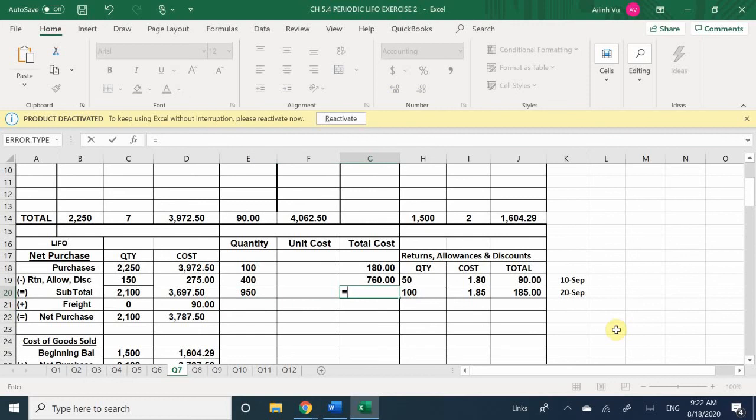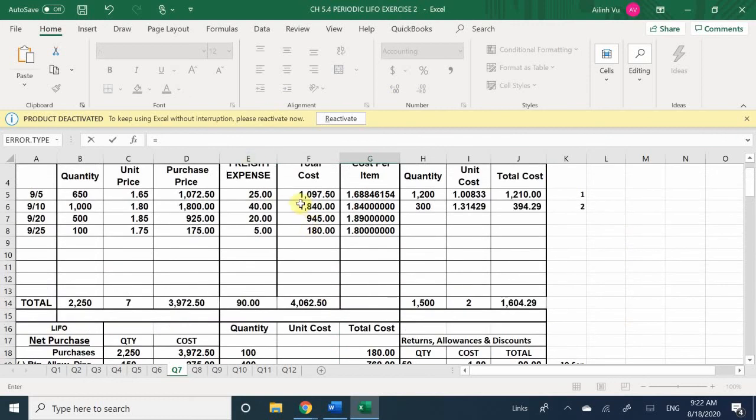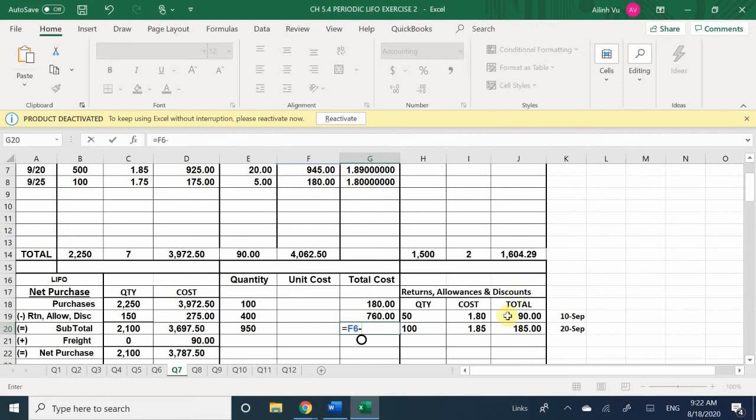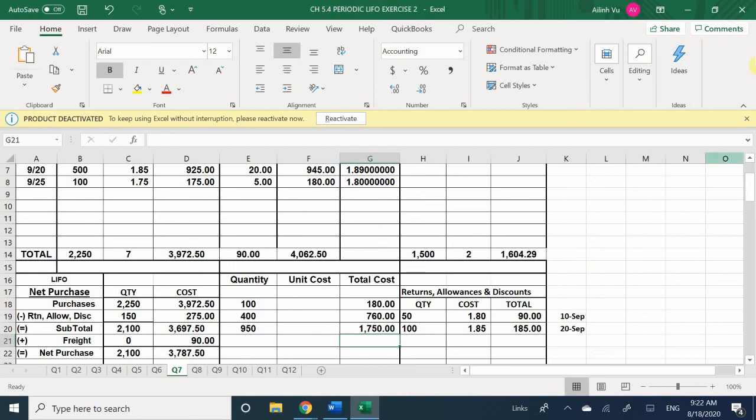And then what was the total cost here? It's 1,750. Oh, 840 minus 90. And we get 1,750. Are we using the whole batch of 950? Yes. So do we need to calculate the cost per item? It's not necessary.